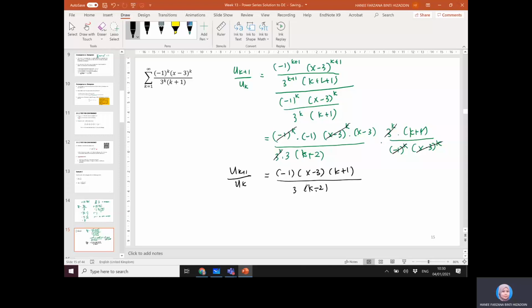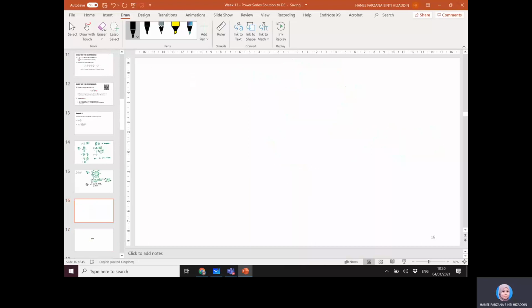The next thing we need to do is to find the radius of convergence. So the radius of convergence is the limit as k approaches infinity of -1 times (x minus 3) times (k+1) divided by 3 times (k+2).